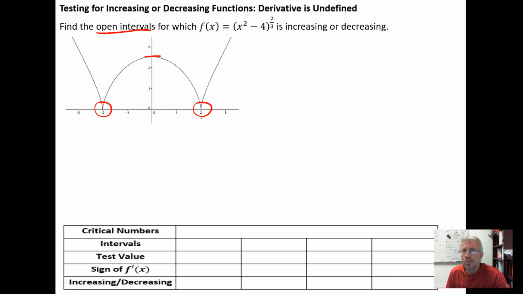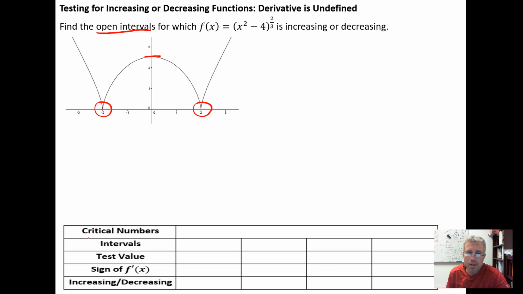And we know that the derivative doesn't exist or is undefined when we have a cusp. So places where the derivative isn't defined also give us critical numbers for our original function. So I'm expecting to get 3 critical numbers, one for which the derivative is equal to 0, and 2 critical numbers at which the derivative is undefined.